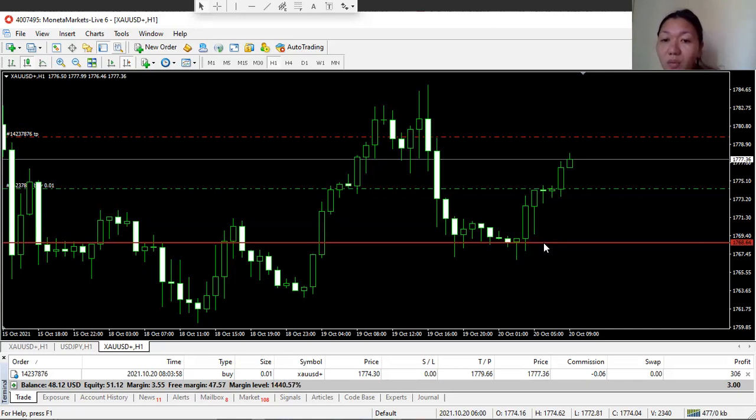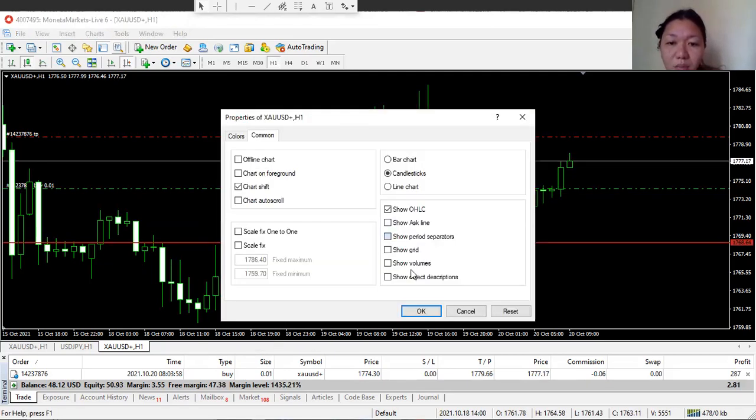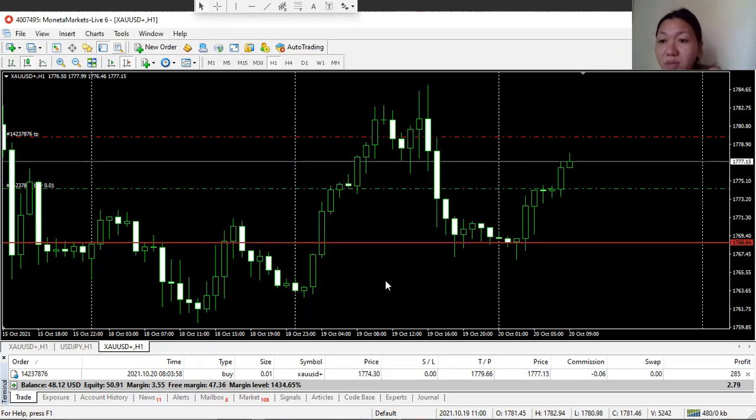All right, so I'm going to put out the period separator, properties, period separator here. So the period separator is useful to see what happens in a given day.